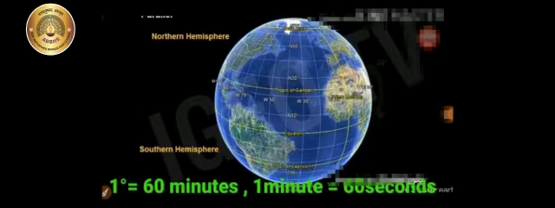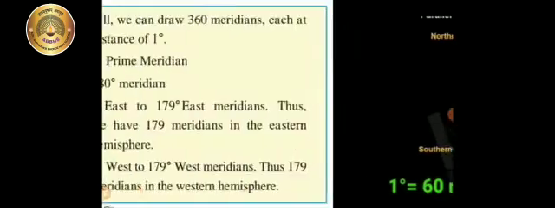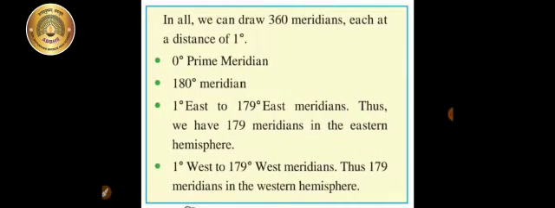These values are expressed using the symbols for degree, minute and second. In all, we can draw 360 meridians, each at a distance of 1 degree. 0 degree prime meridian, 180 degree meridian, 1 degree east to 179 degree east meridians.